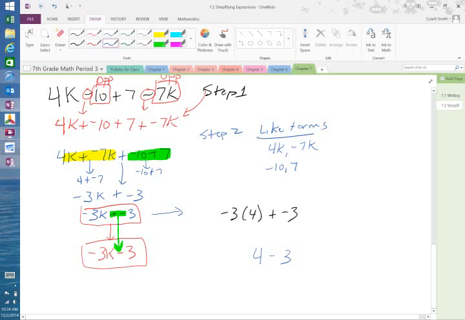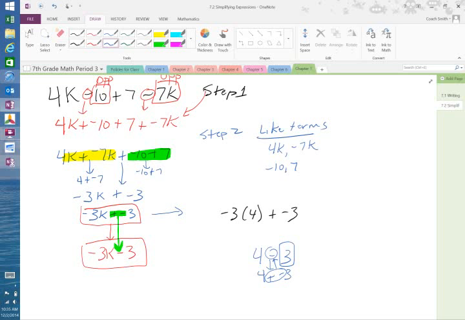What do I do? 4, change that to addition, do the opposite of 3, which is negative 3. So this right here is the same thing as that. They're interchangeable. Now, I'm not going to count it wrong if you put negative 3k plus negative 3, but your grader is. And then I'm going to have to correct it, and I'll say, no, it's not wrong, because it's not mathematically wrong. It's just not the acceptable way to write the answer.